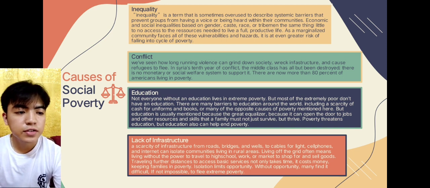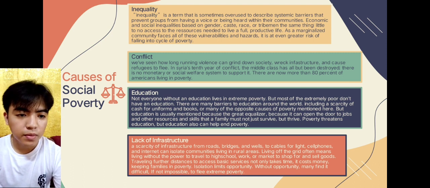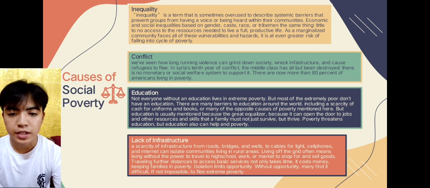But education is usually mentioned as the great equalizer, because it can open the door to jobs and other resources and skills that a family needs not just to survive but thrive. Poverty threatens education, but education also can help end poverty.